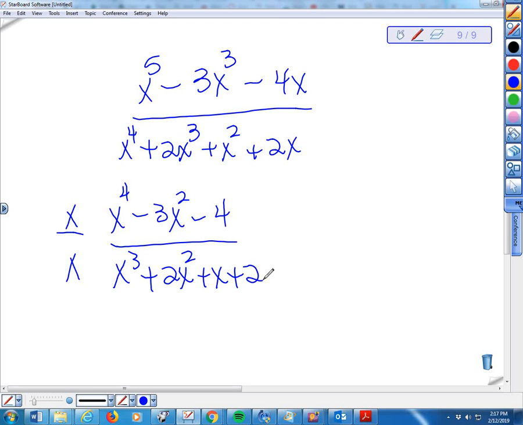Is the numerator factorable like a quadratic? Yeah, it is. If I pretended it was x squared minus 3x minus 4, it would be negative 4 positive 1, right? But we're going to make it x squared minus 4, x squared plus 1, and then I still have this x out there. Okay, this factors to x plus 2, x minus 2.